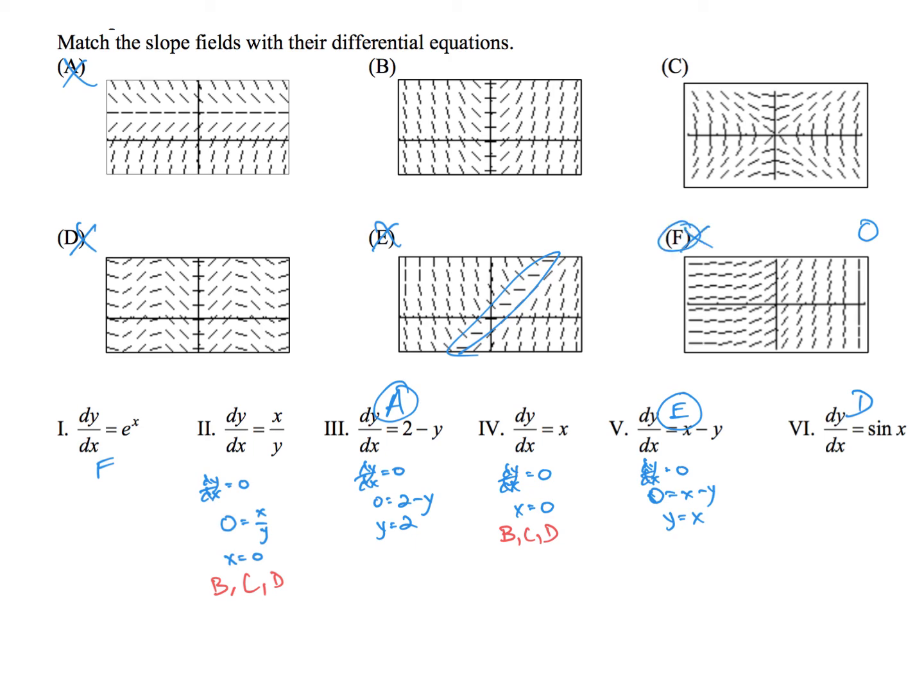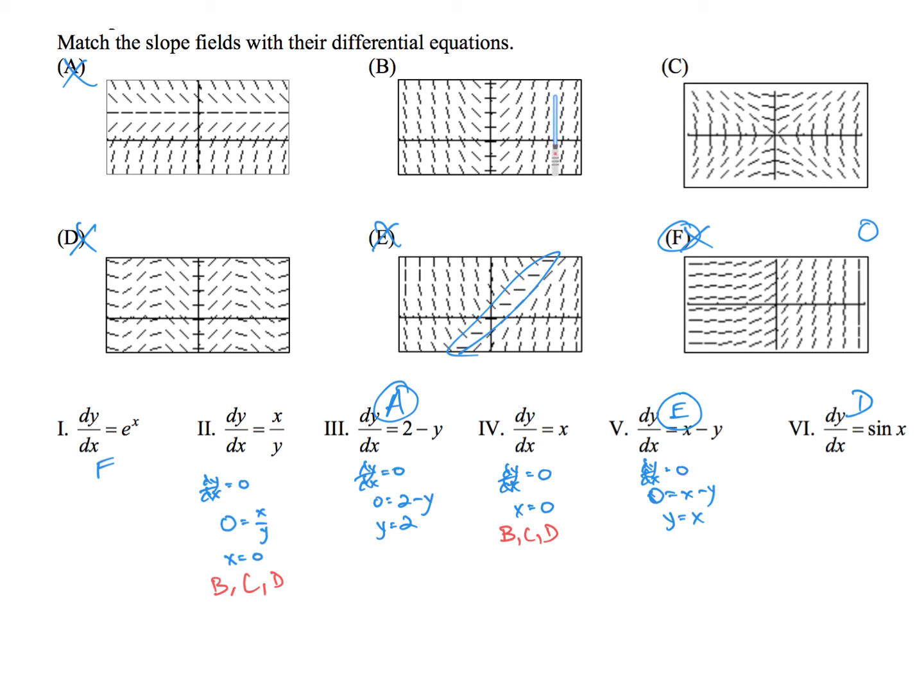Now I'm in between B and C for 2 and 4. All right, so this is where we need to look for commonalities. What do you notice about the slopes in B? They're decreasing. Okay, they're negative then positive.